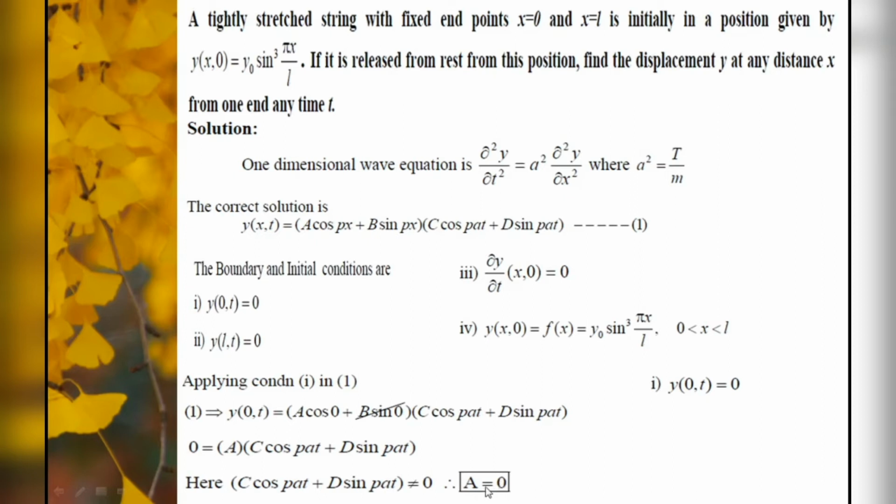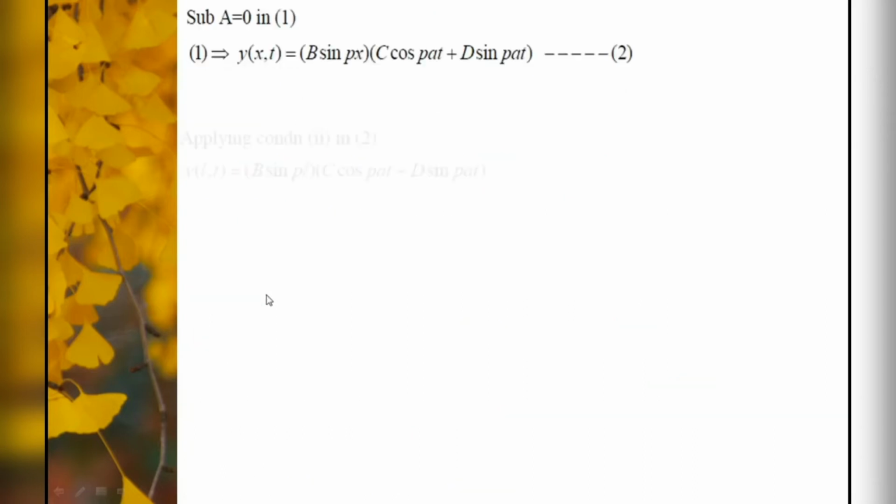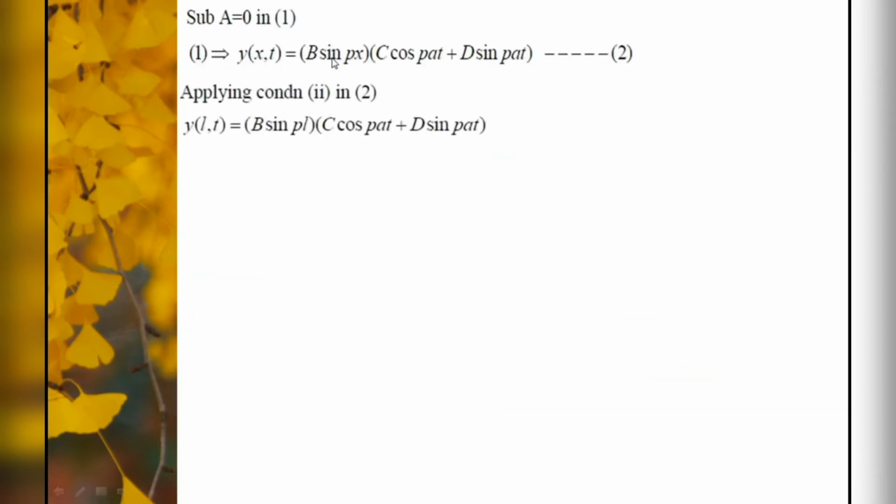Now we substitute A equal to 0 in this equation. So our equation 1 will be y of x comma t equal to B sin px into (C cos pat plus D sin pat). Now we apply the second boundary condition, y of L comma t equal to 0. Whenever x takes the value L, y of L comma t is replaced by 0.